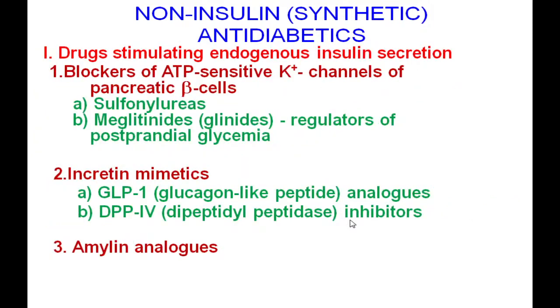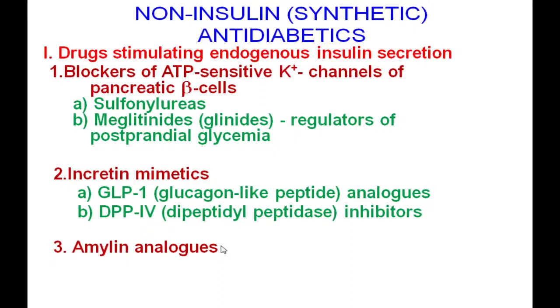First group, drugs stimulating endogenous insulin secretion. This group includes 3 subgroups. First of all, blockers of ATP-sensitive potassium channels of pancreatic beta cells, incretin mimetics, and third one, amylin analogs.